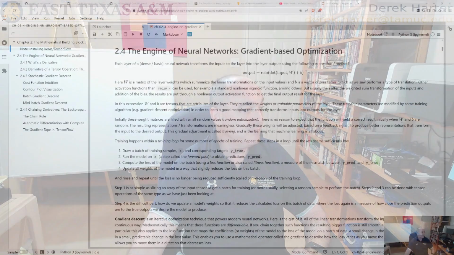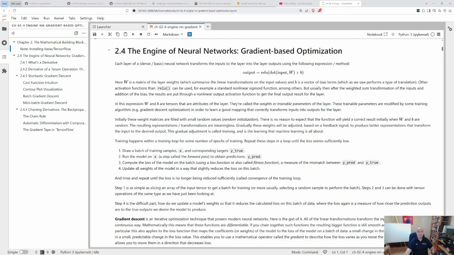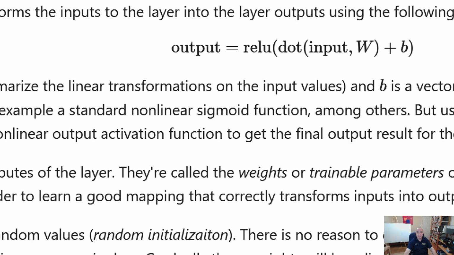As a quick review of some of the stuff we looked at in previous lectures, each layer of a neural network performs some set of tensor transformations. Typically dense layers take the input and do a matrix multiplication times some set of weights.